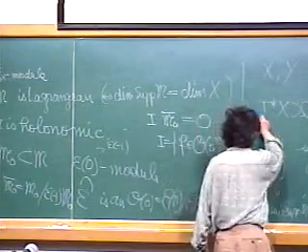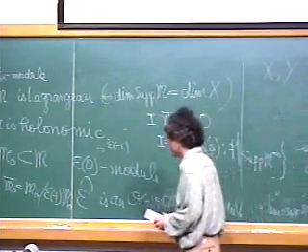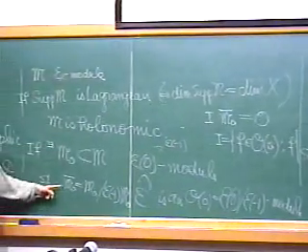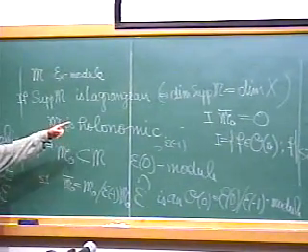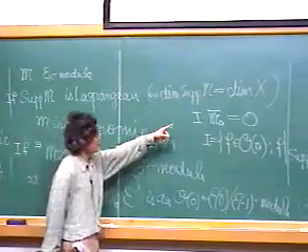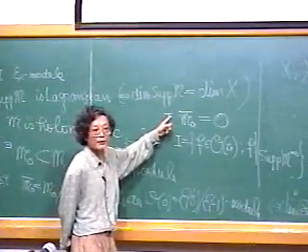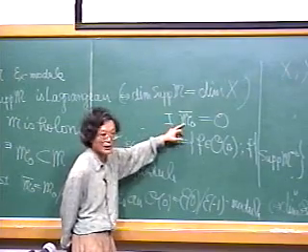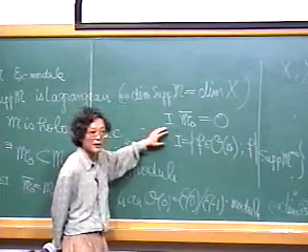Because the support of M0 bar is exactly the support of M, if you take a high power, then it kills. But the condition says we can find M0 such that I itself kills M0.